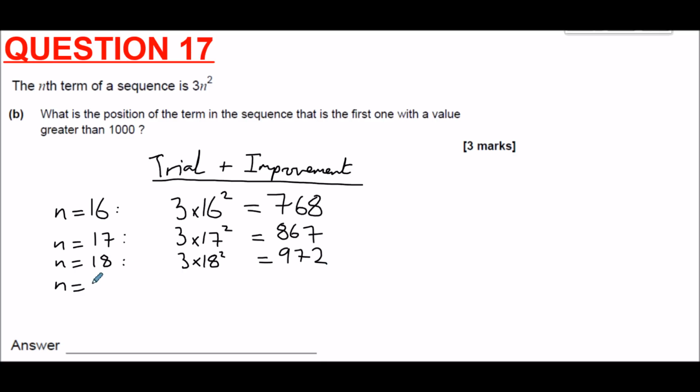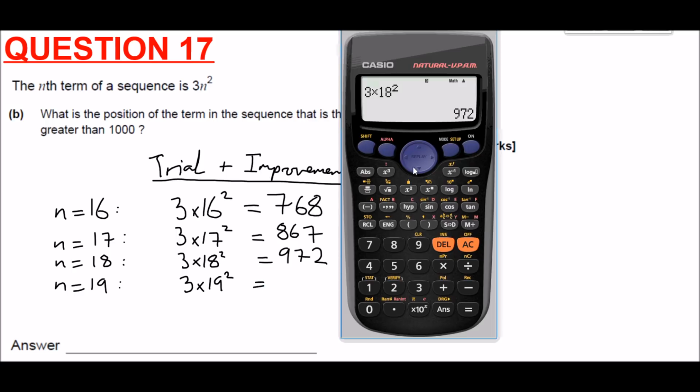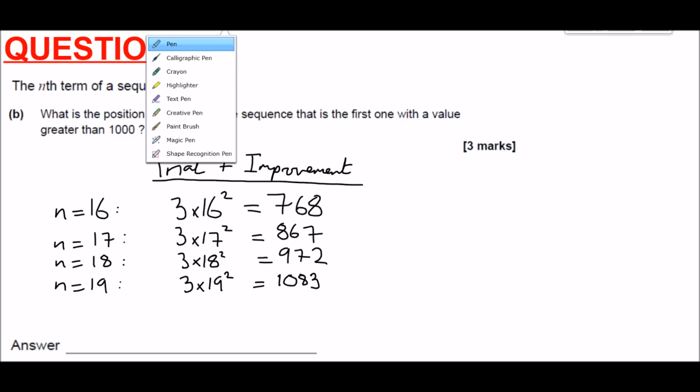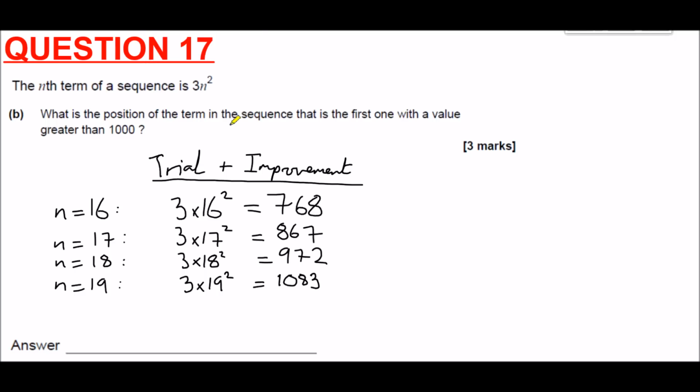So when n is 19, three times 19 squared will be 1083. So that's the first one that has a value greater than 1000.